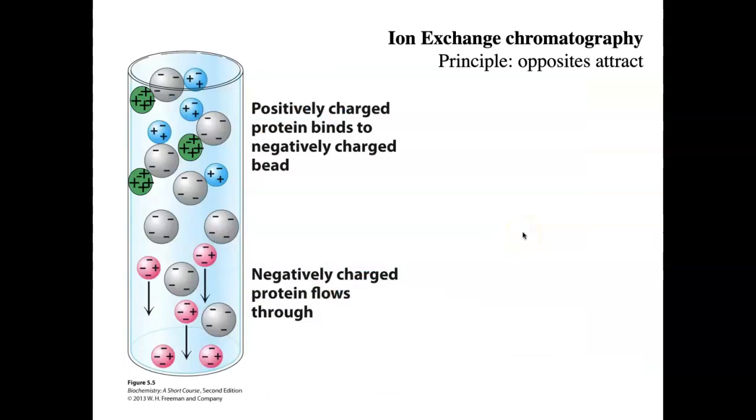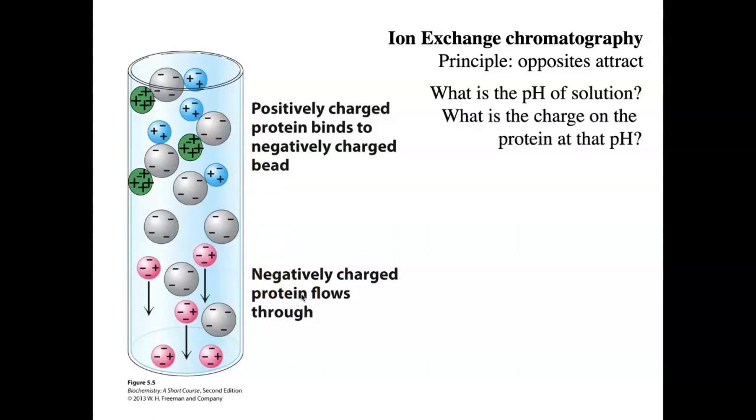Okay, and the main principle here is opposites attract. Right, so the idea is you're going to have charged beads in your column. Positively charged proteins will bind negatively charged beads, and negatively charged protein will flow through. Right, and when we're thinking about it, the question becomes, well, what pH buffer should you use?